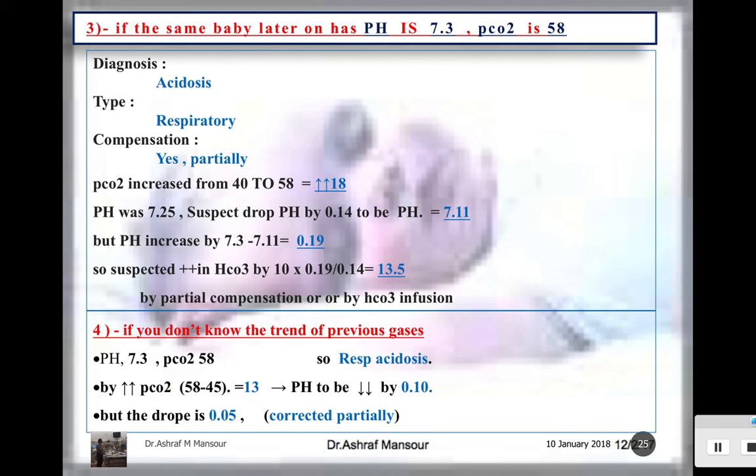So there is some correction here which is also 0.05. So this correction is considered partial correction, and the respiratory acidosis is still respiratory acidosis, but corrected, because we suspect that the pH would be 7.25, decreased by 0.10.